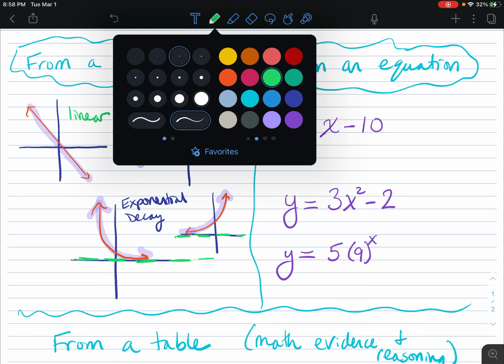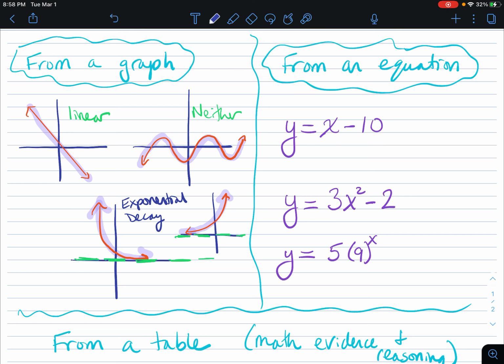So this one we can call an exponential growth. You always read a graph from left to right. So from left to right, you can see you're headed up to infinity. It's growing. The more you move to the right in your x values or inputs, the higher and higher this is going to zoom up.